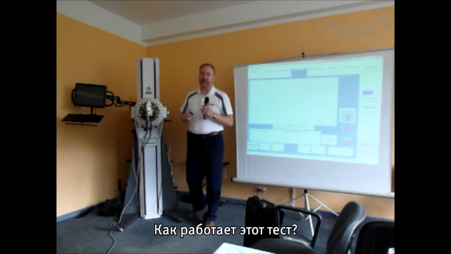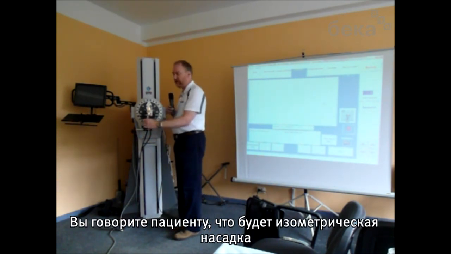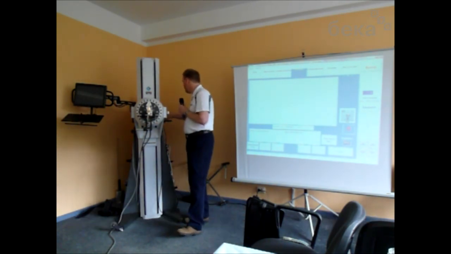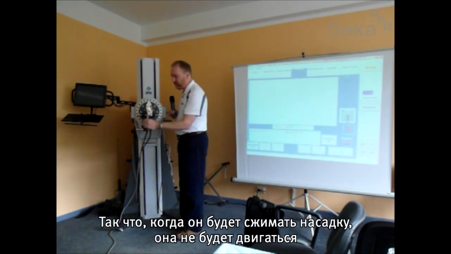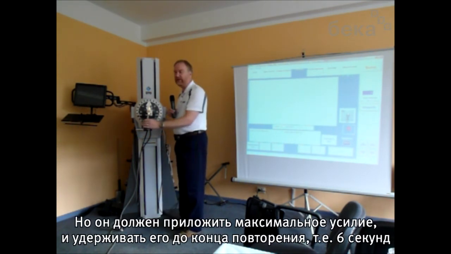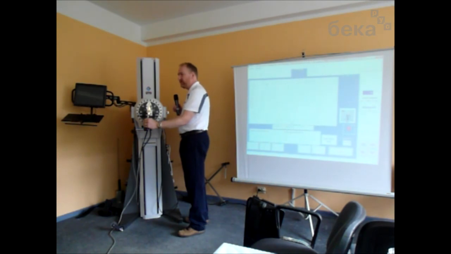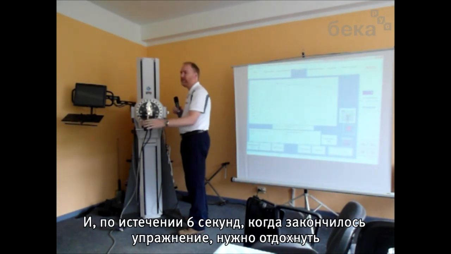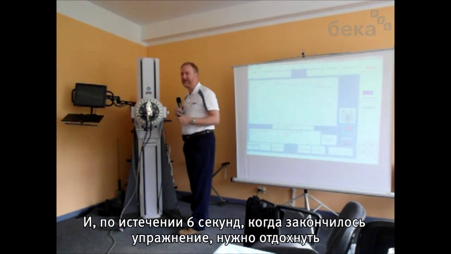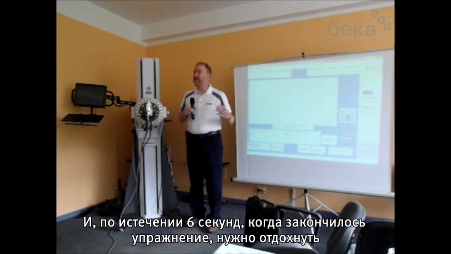So the way this test works is you instruct the person that the tool will be isometric, so that when they squeeze it, it won't move. But they should apply their maximum strength and then hold it until the end of the trial, which is for 6 seconds. So they squeeze it as hard as they can, hold it, and then when the 6 seconds is up, normally you hear a tone, but I didn't hear it, it ends, then you give them a rest.